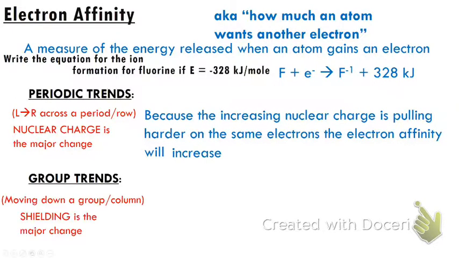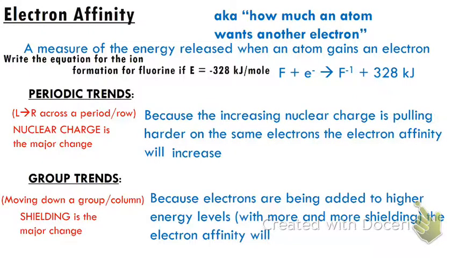In a group, we're increasing the shielding as we go down, with more and more energy levels, making our electrons farther away from the nucleus. Less attraction to that nucleus because of the distance means that the electron affinity, the desire to attract that electron, is going to decrease.